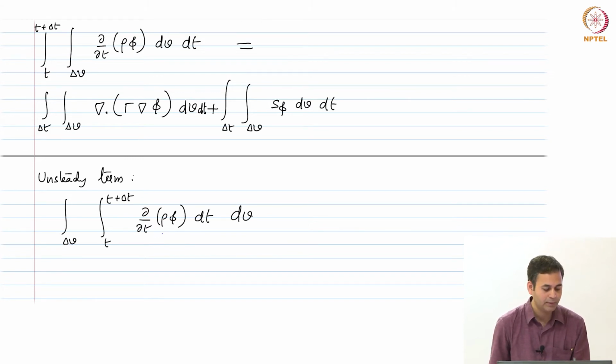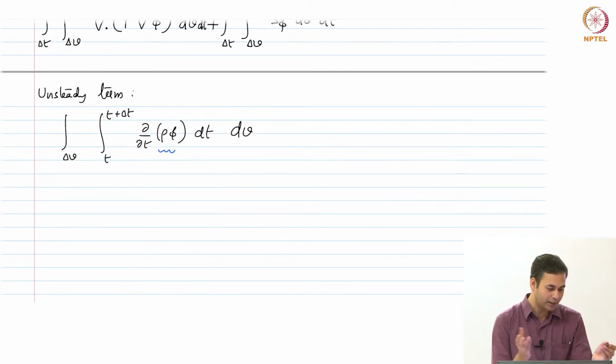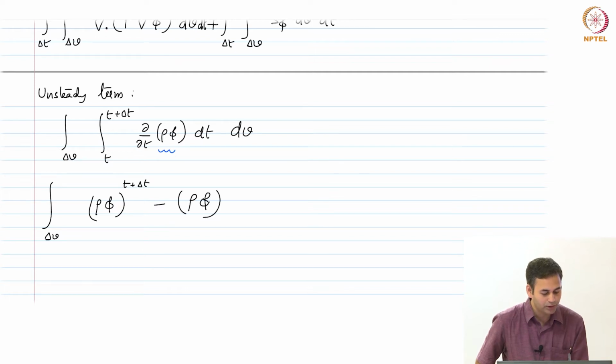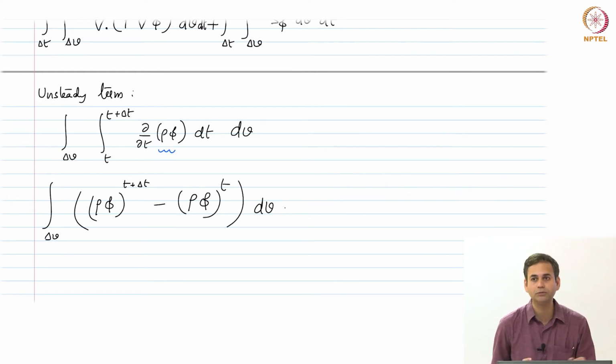Partial t rho phi dt, integral of this thing, what would be this quantity? Rho phi, right, this is essentially rho phi. Do you have limits for integration? Yes, you have. So, essentially it will be rho phi at t plus delta t minus at t, right, into delta v. Of course, you have to sum it for all the small volumes. So, this is essentially rho phi at t plus delta t minus rho phi at t, integrated over each of the control volumes that you would consider. Okay.